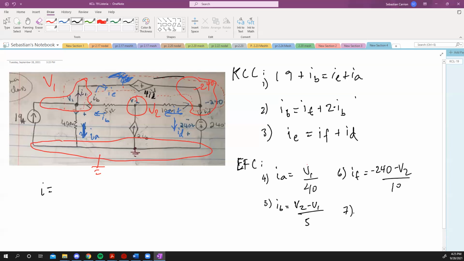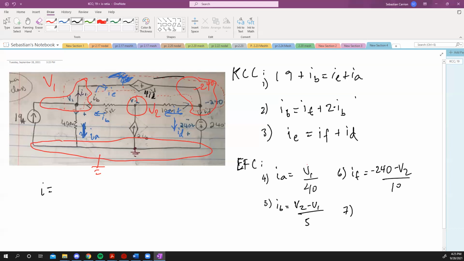And then for ID, well, you can't really do one for ID, right? Or IE, because they're both like voltage sources. I'll tell you a hint. When it comes to dependent current sources, you generally know it's part of the KCL, the Kirchhoff current law.